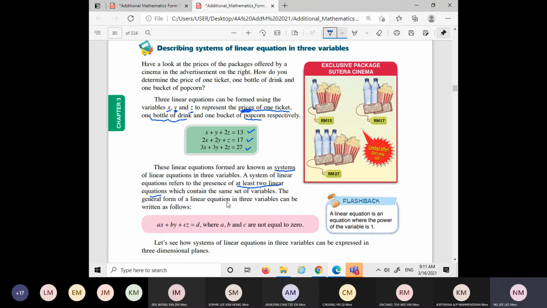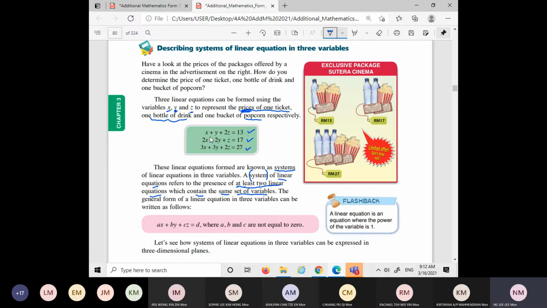The general form of a linear equation in 3 variables can be written as follows. So you must understand why they call it a system. It must have at least 2 linear equations, and contain the same set of variables.